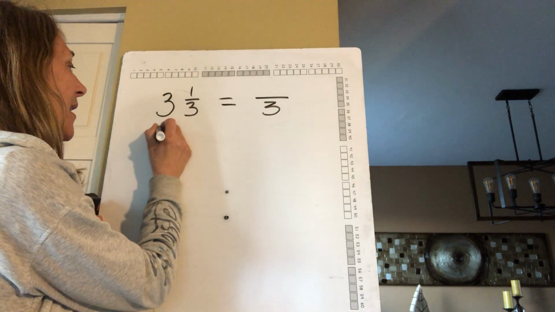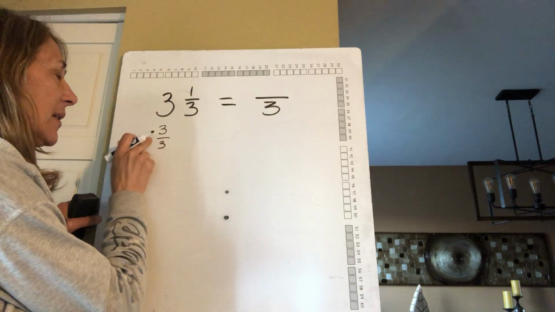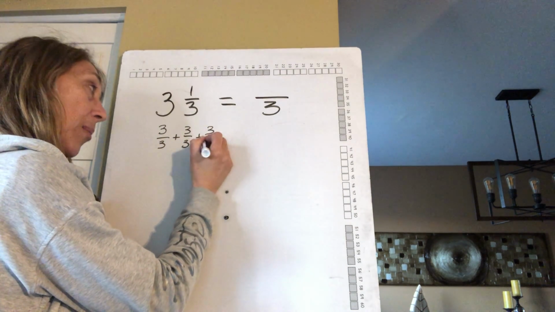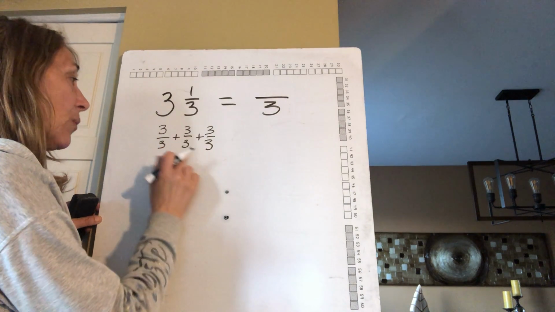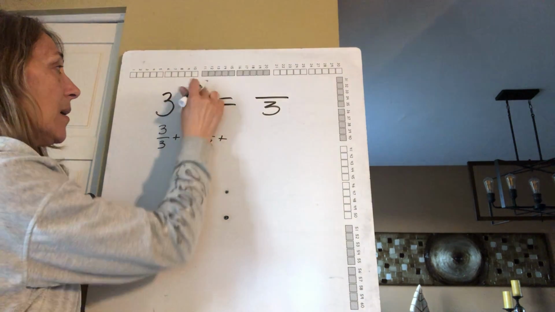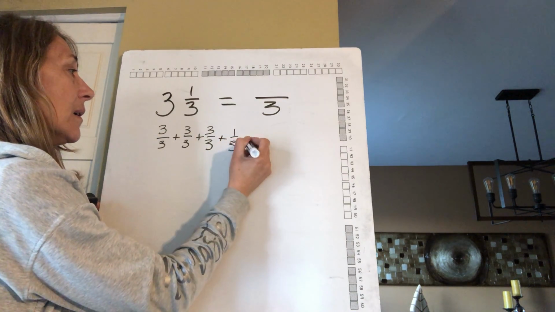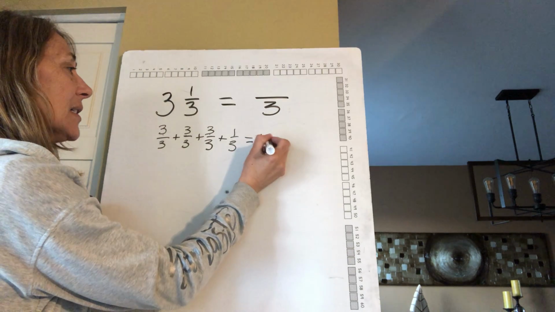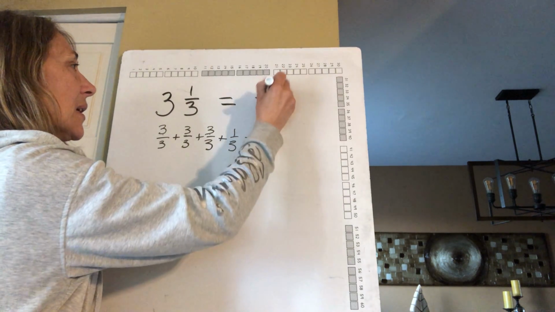So 3 wholes is 3/3 because that's 1 whole, plus another whole, plus another whole, so that's 1 plus 1 plus 1 to make my 3, and then my 1/3, 3, 6, 9, 10. 10 thirds.